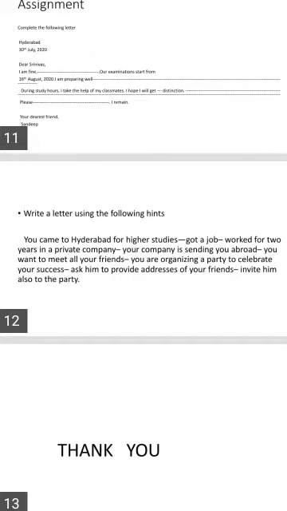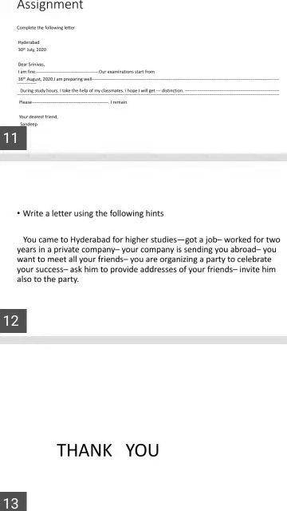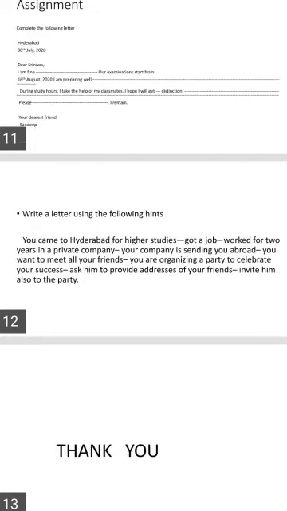He was always helpful to others. You have to bear this loss with courage and patience. My sympathies are with you. May God rest his soul in peace. Yours friendly, Ankit. So, this is the model condolence letter.